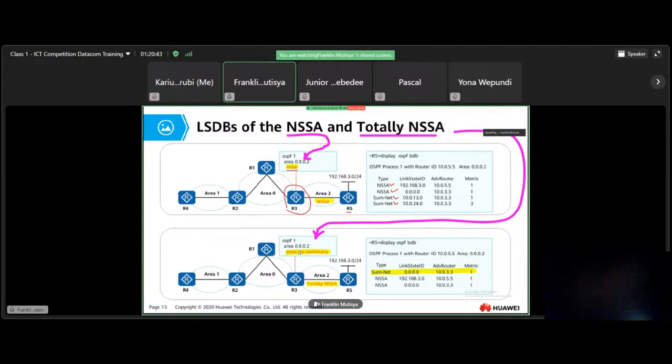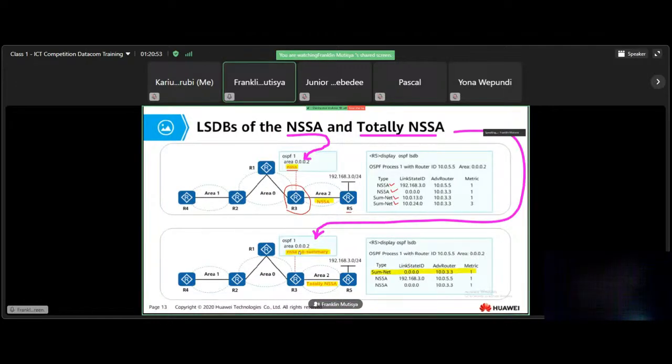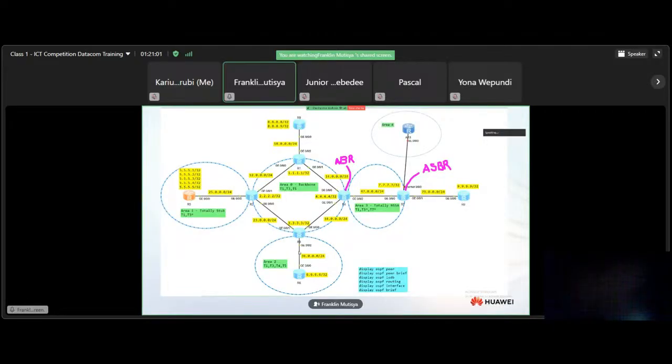That way we are able to ensure that we can import external routes while still maintaining the inter-area communication. So this is an example of what I was trying to put across. In a total stub, we have type 1 and type 3 only. There's no type 4 or type 5.